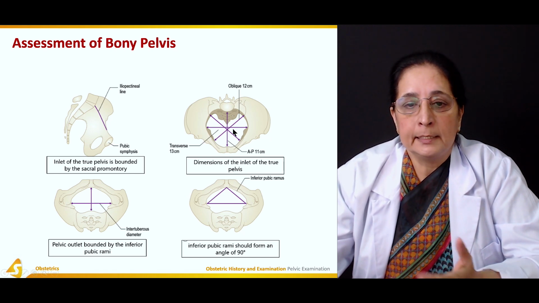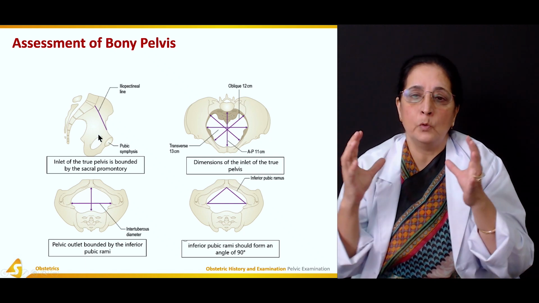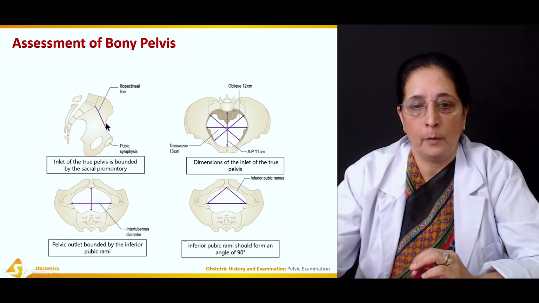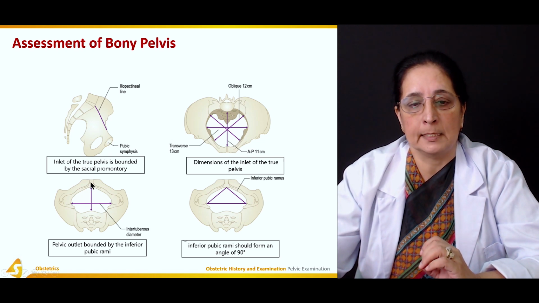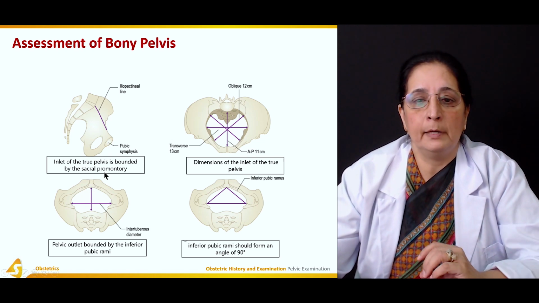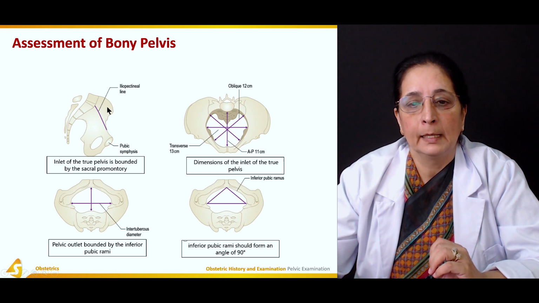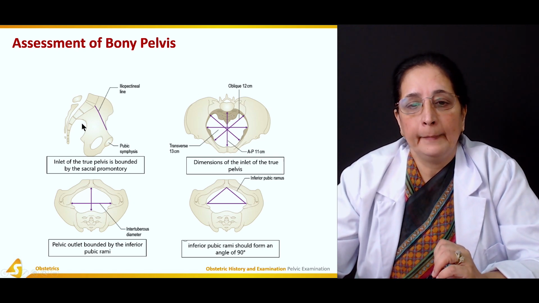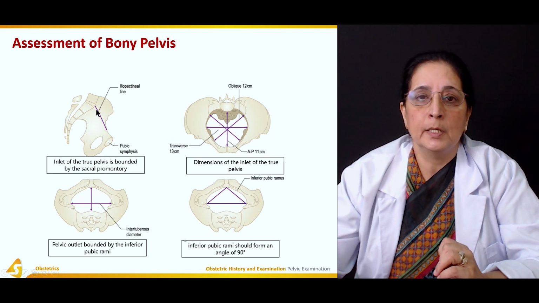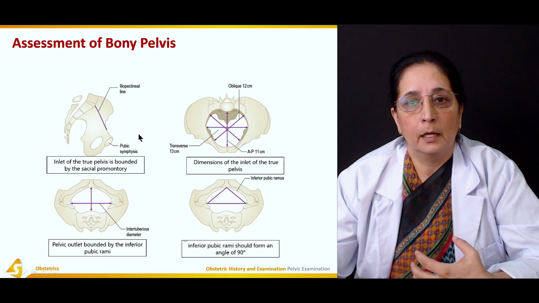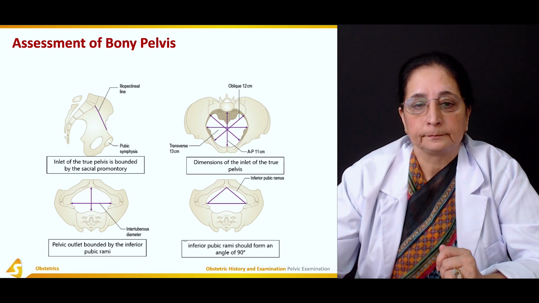The 2 pubic bones of both sides form the pubic symphysis. This is the pubic symphysis. So ilium, ischium, pubis, they form the bony pelvis.